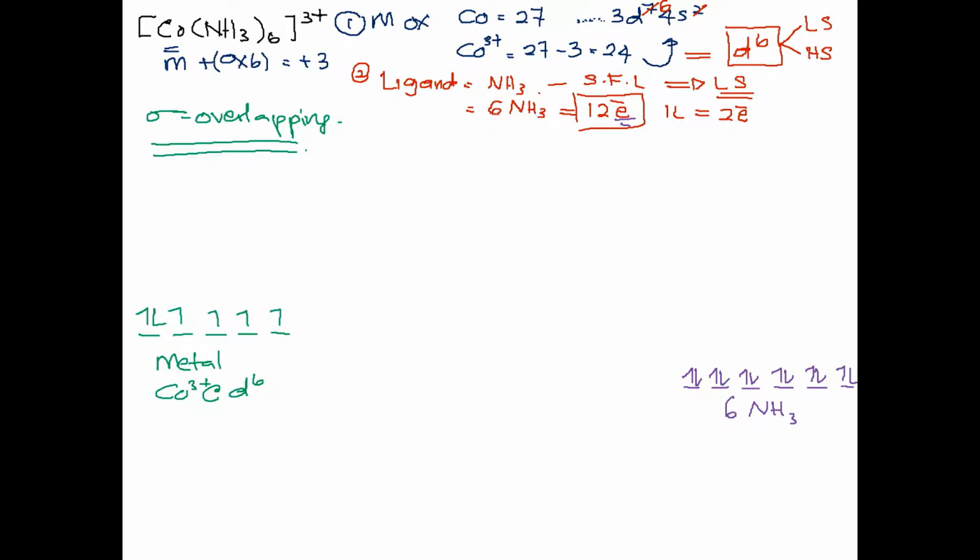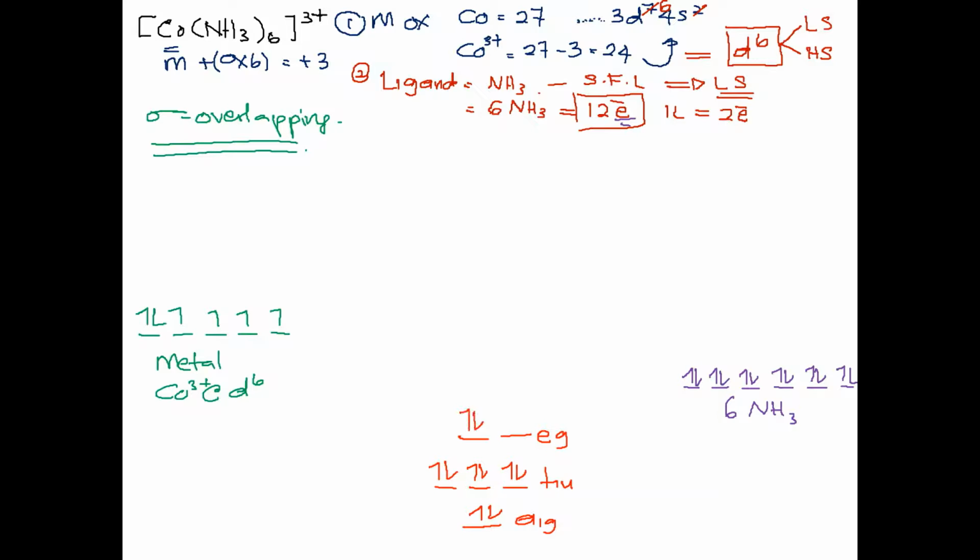And then you fill in the energy levels. The lowest energy will be the A1g, then the higher energy will be T1u, and then your Eg, and all these electrons correspond to your ligand.